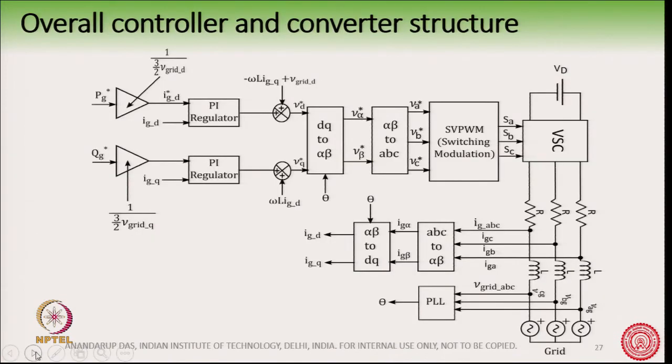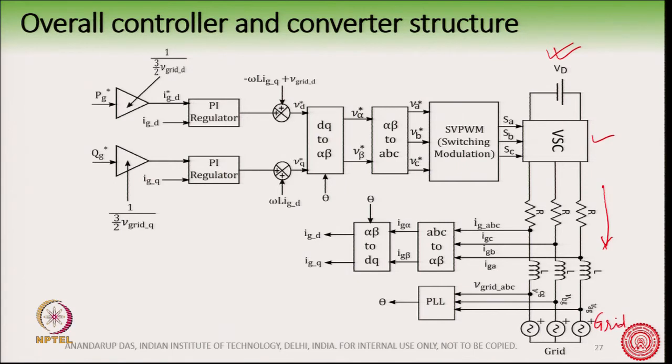Now we are slowly moving into the control system and the overall converter structure. You see there are a lot of blocks here, so we should first identify each block one by one. We have seen some of these blocks earlier. First of all, this is your VSC, this is the X power, and here is your grid.